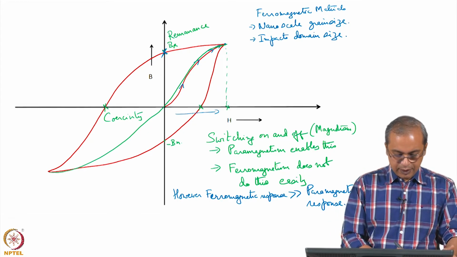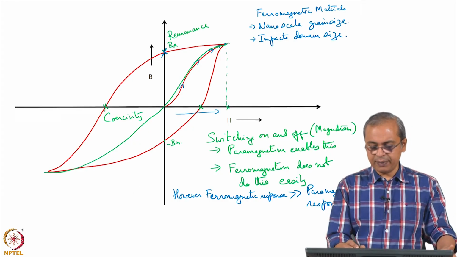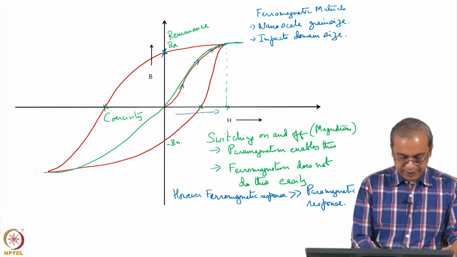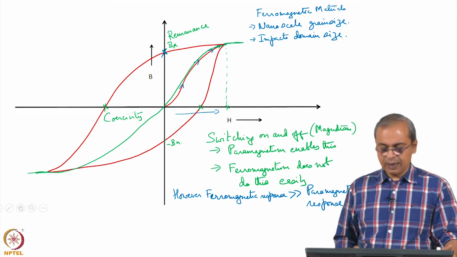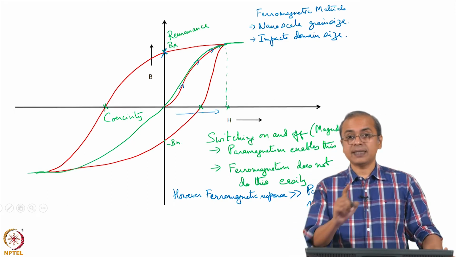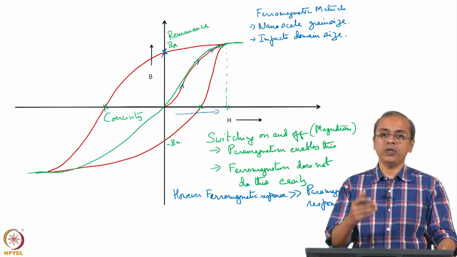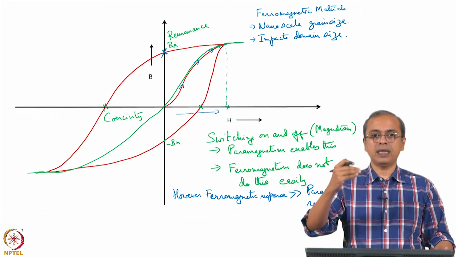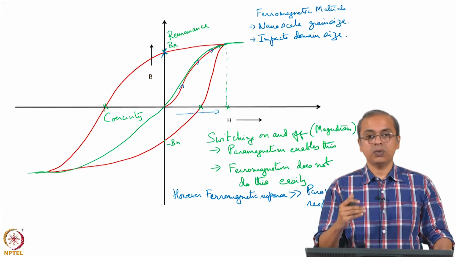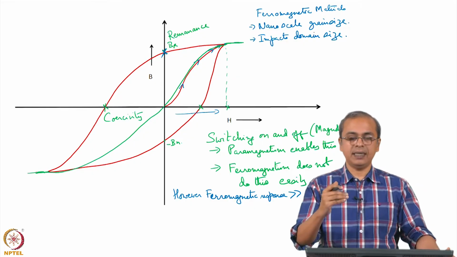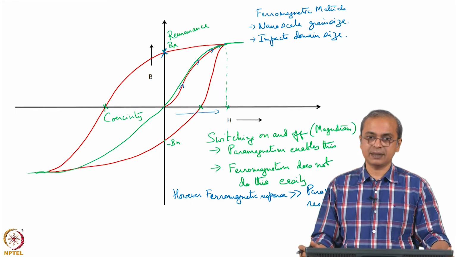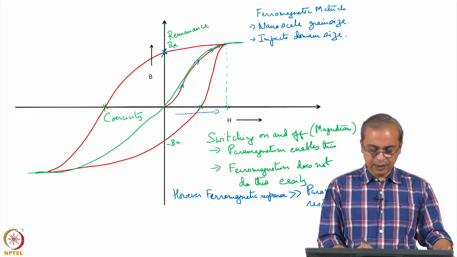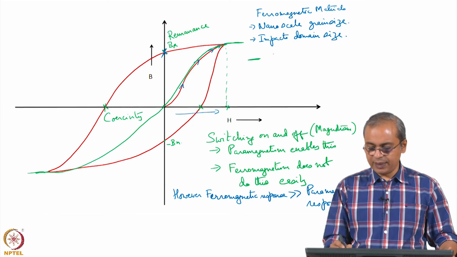So this value up here is the saturation magnetization. So that saturation magnetization is showing you a response similar to that of a ferromagnetic material. So it is a very strong response, a very high level of saturation magnetization. This is now the nanoscale ferromagnetic material.